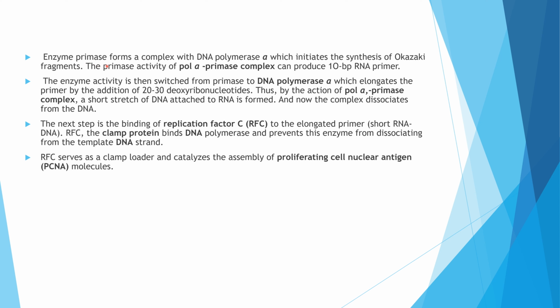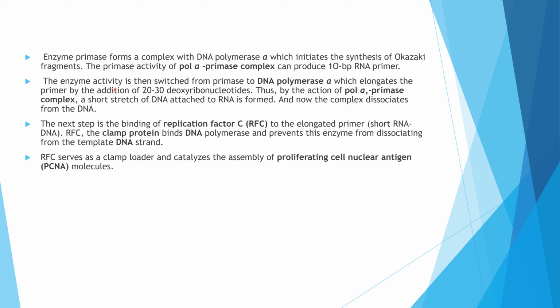The enzyme primase forms a complex with DNA polymerase alpha, which initiates the synthesis of Okazaki fragments. The primase activity of the polymerase alpha primase complex can produce a 10 base pair RNA primer.